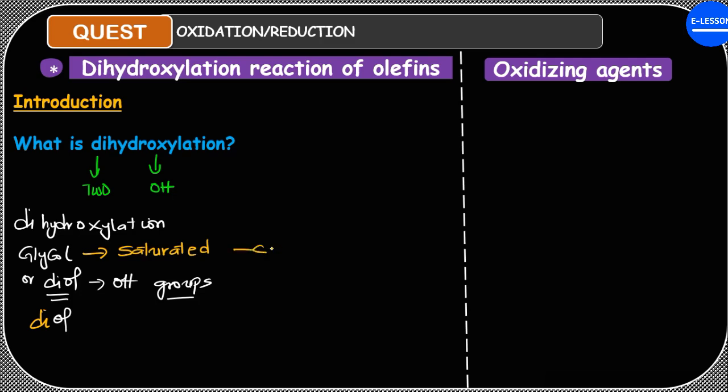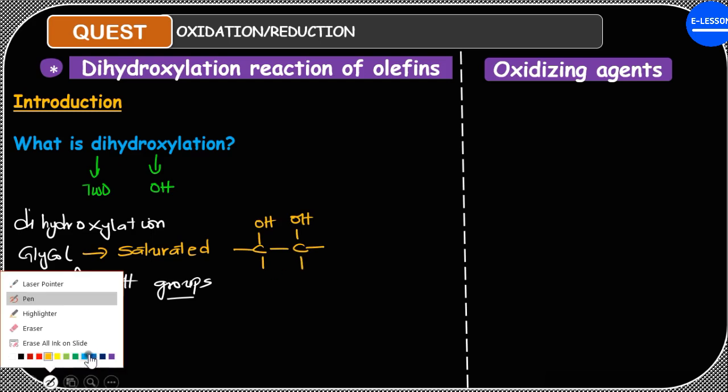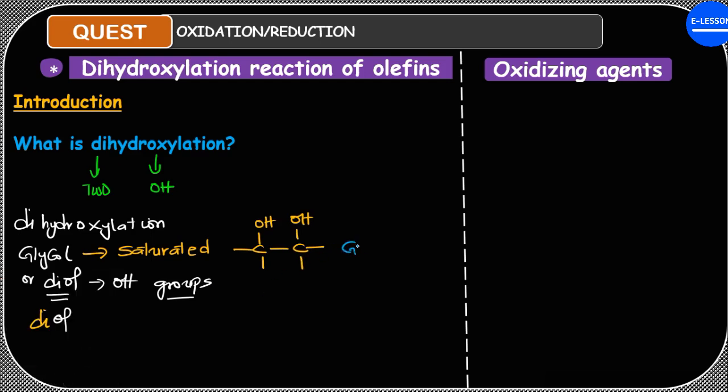For instance, let's say this is a carbon, this is a carbon. Now if you have OH here and then you have OH here, this kind of compound is what is called a glycol. So the product of the dihydroxylation of alkene is a glycol.